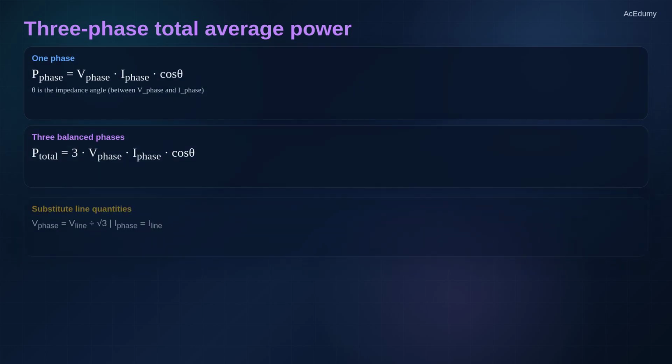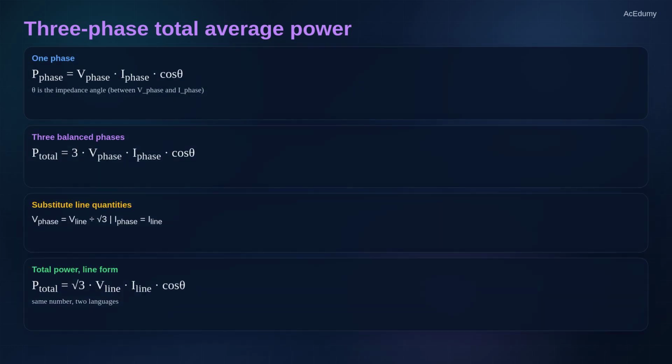Each phase delivers an average power equal to V phase times I phase times cosine theta, where theta is the angle between phase voltage and phase current, the impedance angle. With three balanced phases, the total average power is 3 V phase I phase cosine theta. We can rewrite this in line quantities.